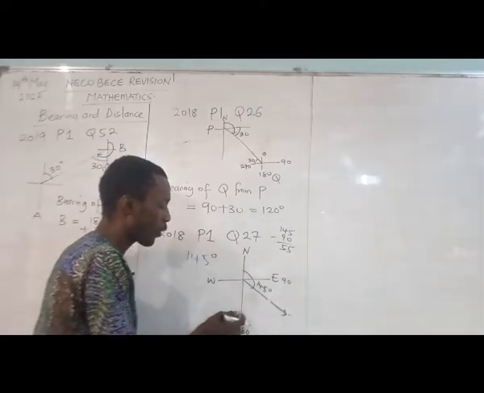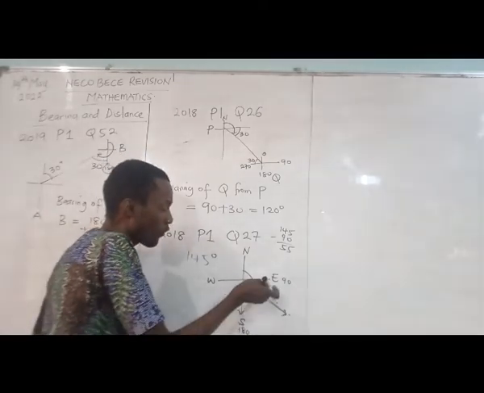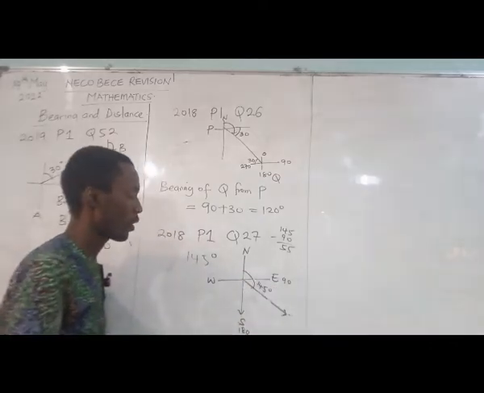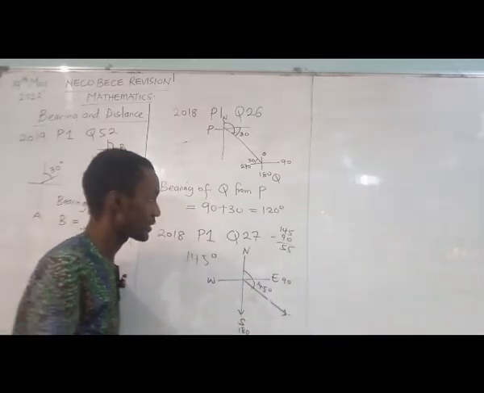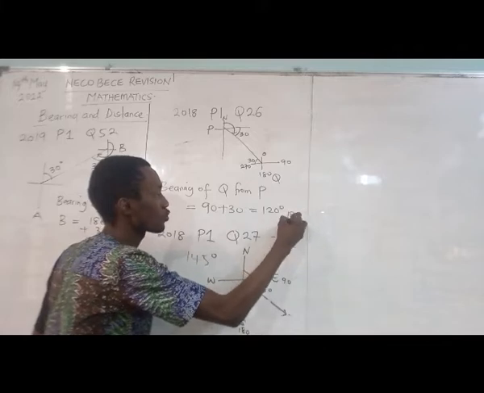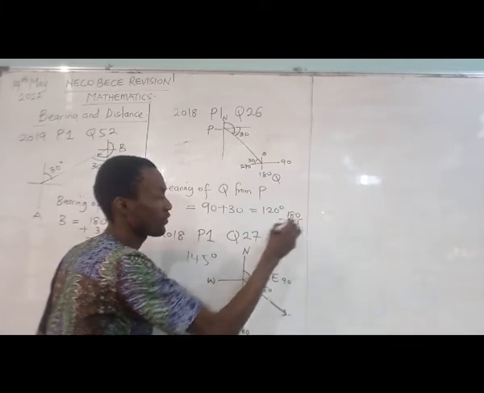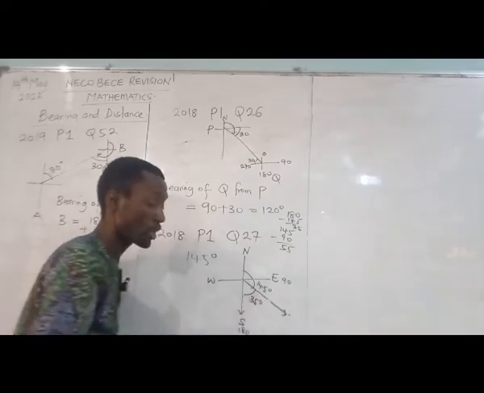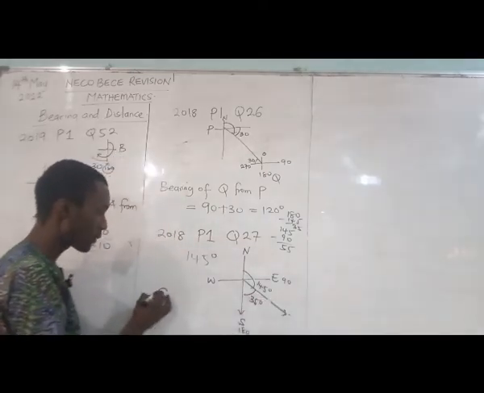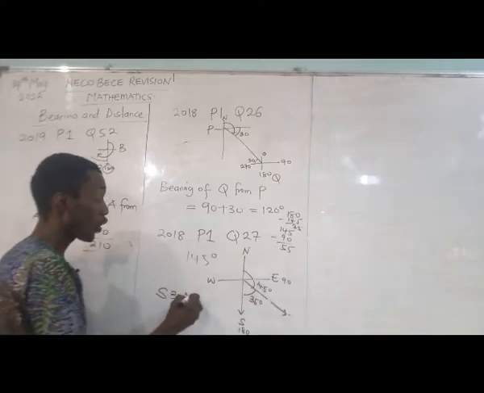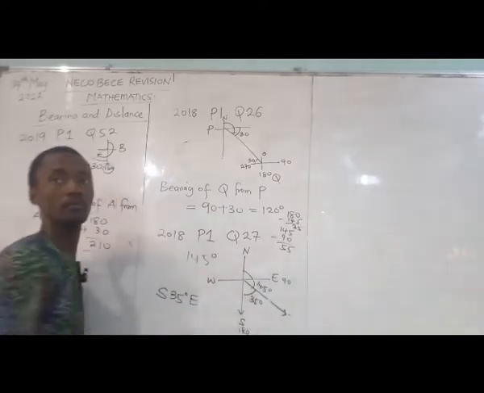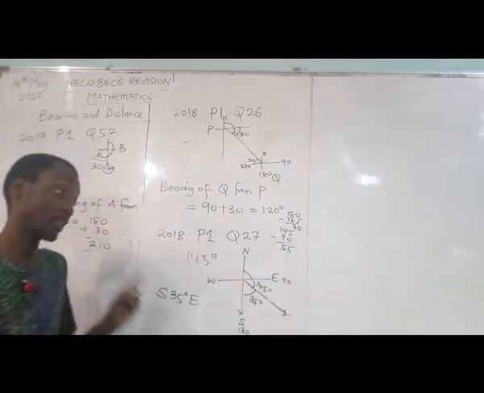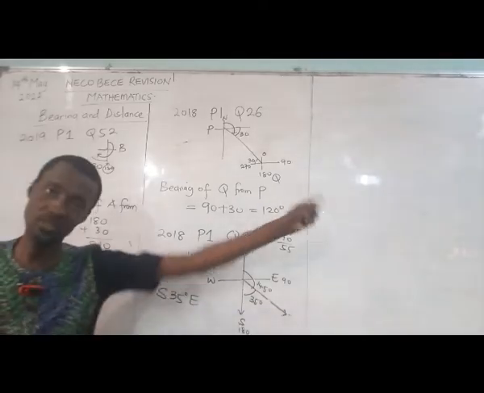Now, if this point is 180, remove 145 from 180, what do you get? 180 minus 145, you discover that is 35. So this means that this angle here will be 35 degrees. So the answer is south, 35 degrees, going towards east.